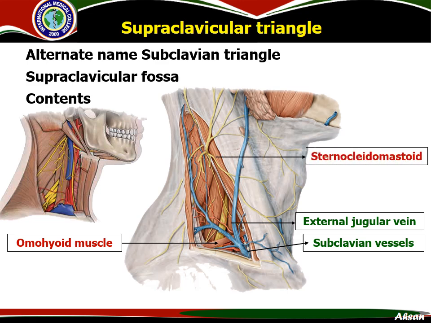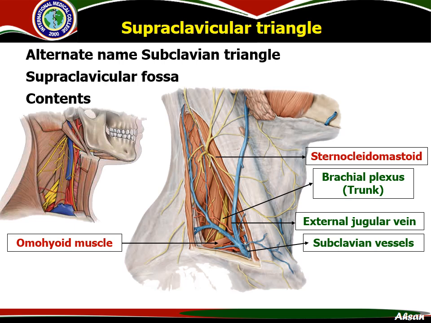You see, this is the sternocleidomastoid, and behind that, and in the lower part, the trunks of the brachial plexus exit and enter into the posterior triangle.